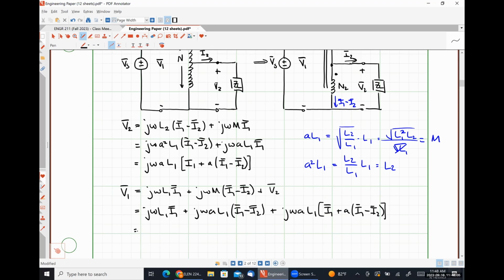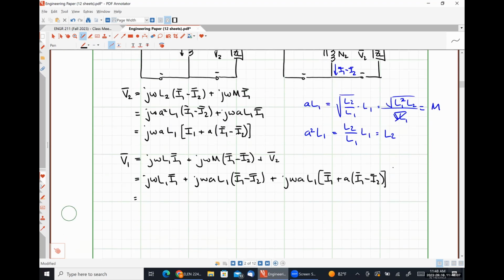And I'm going to lump some things together here. So I've got a common factor of j omega L1, times I1 plus A (I1 minus I2) plus A I1 plus A (I1 minus I2).